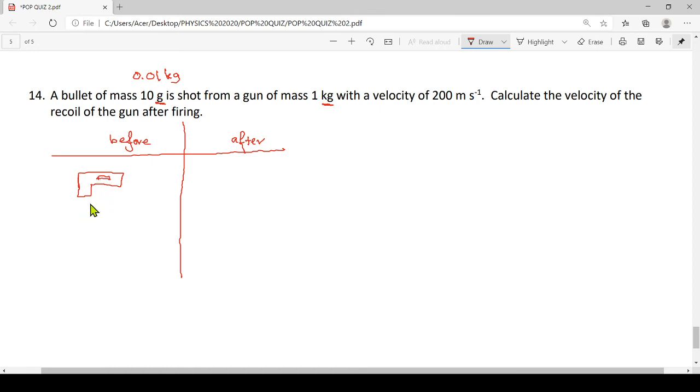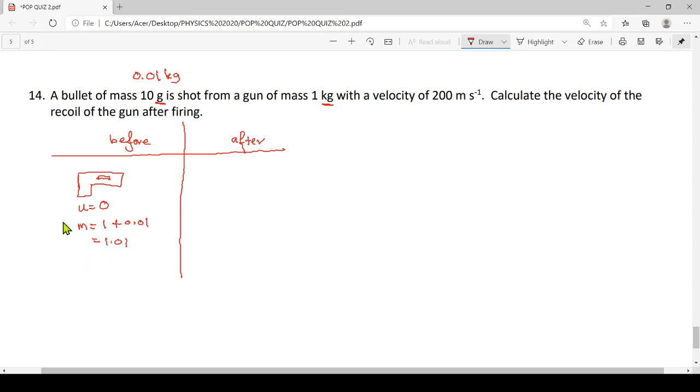My initial velocity is 0, and the mass is equal to the mass of the gun plus the mass of the bullet, so 1 kilogram plus 0.01 kilogram, that is 1.01.